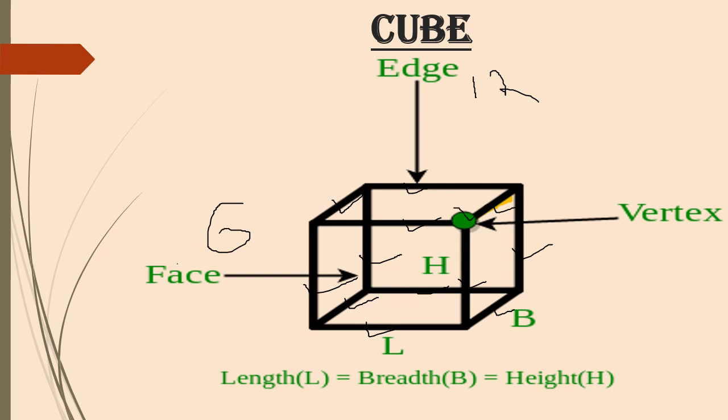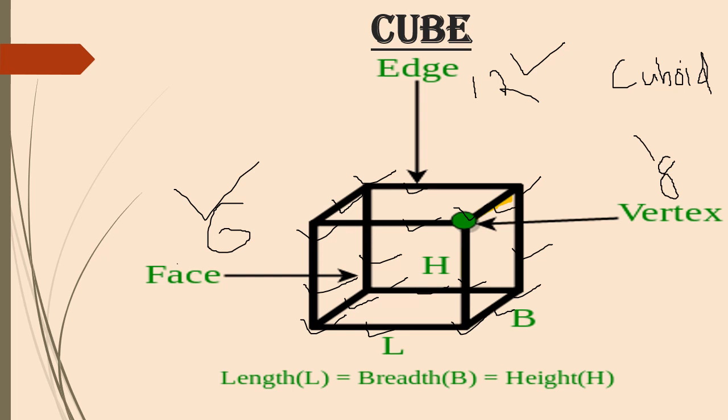Vertex 1, 2, 3, 4, 5, 6, 7, 8. How many vertices are there? 8 vertices are there. So in a cube or cuboid, we have the same: 6 faces, 12 edges and 8 vertices.